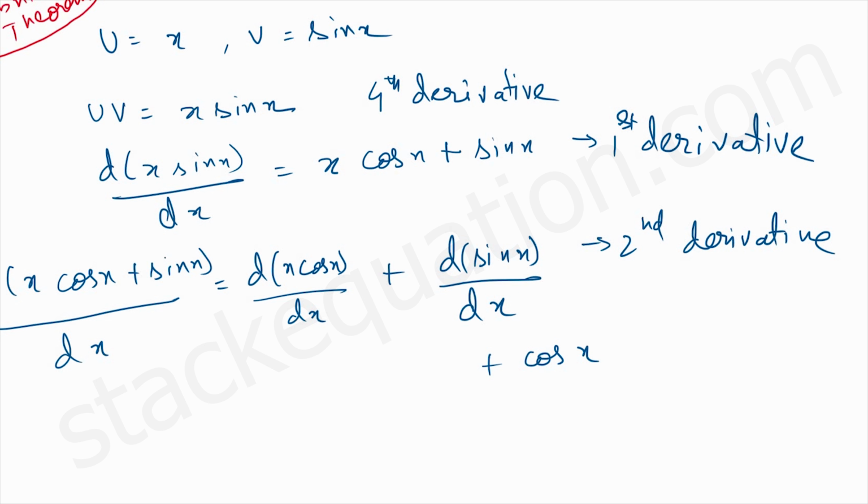This will be x of minus sin x. So x remains fixed, and differentiation of cos x is minus sin x, and cos x into 1, right? Because differentiation of x is 1. So minus x sin x plus 2 cos x.